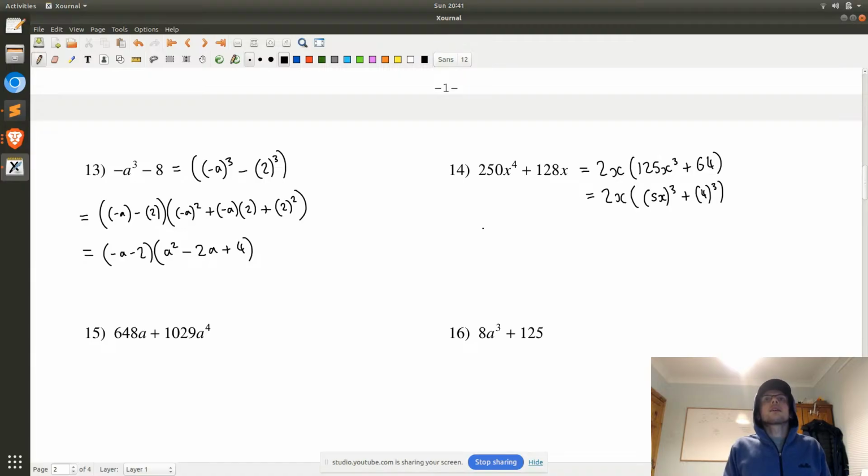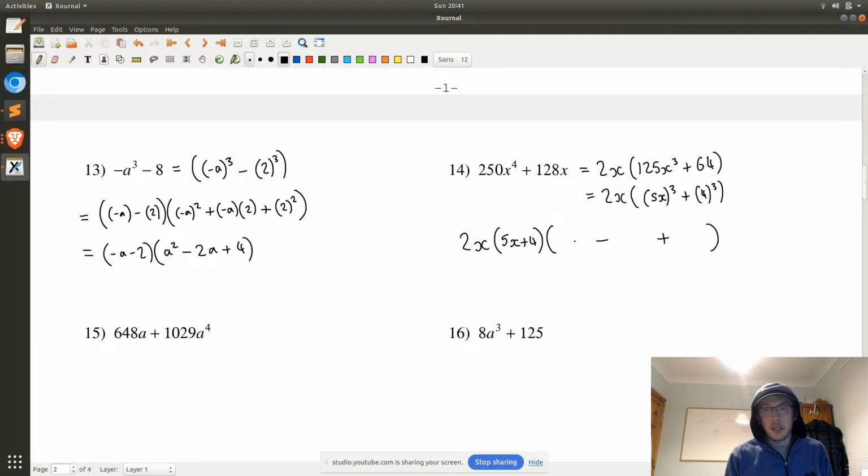It is x add y all times x squared, take xy, add y squared. But do it mentally. It's better practice that way. So 5x add 4 in the first simple bracket. Won't get that one wrong. Minus and plus. Make sure that you don't cause a fuss.